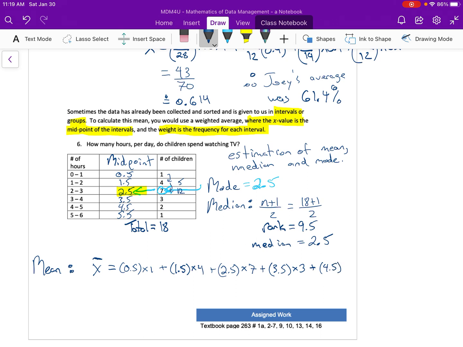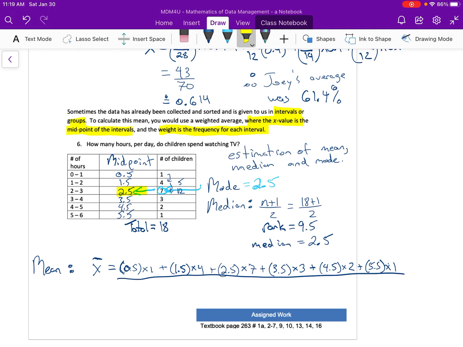And keep going. And then if I take all of that, I need to divide by n, the total number of children.